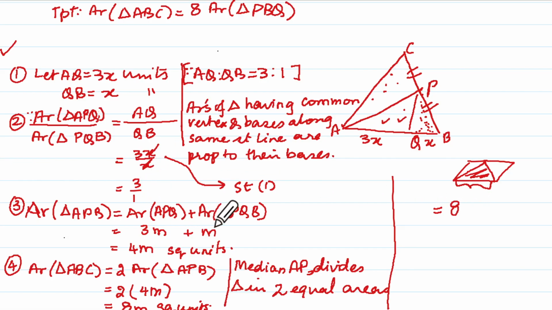What is m? Can you see this m? Yes, ma'am. 8 into area triangle PQB. Understood? And this will be from statement 2 and 3. Understanding? And then I'll say proved.